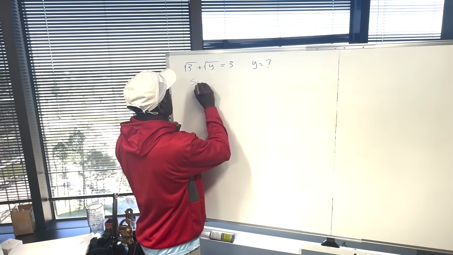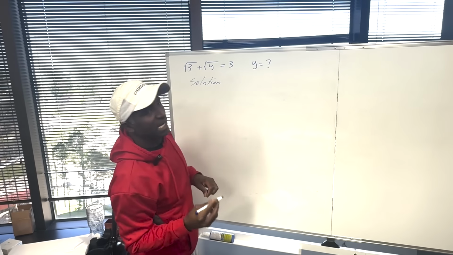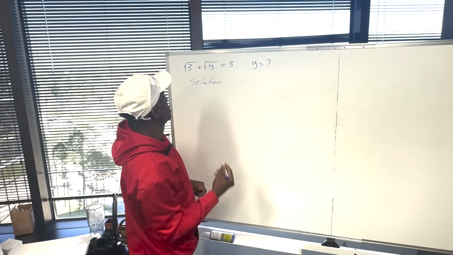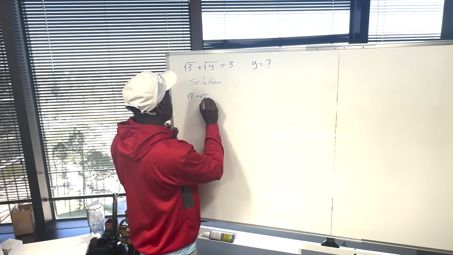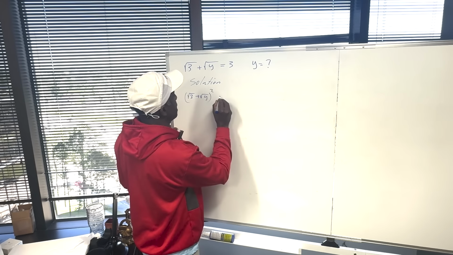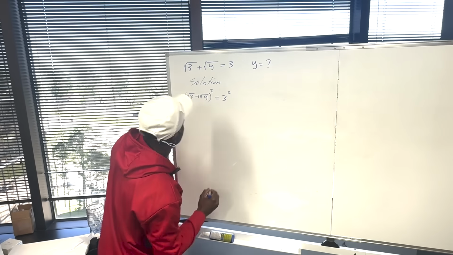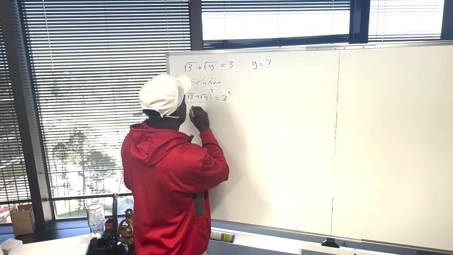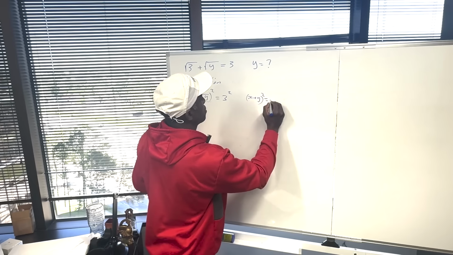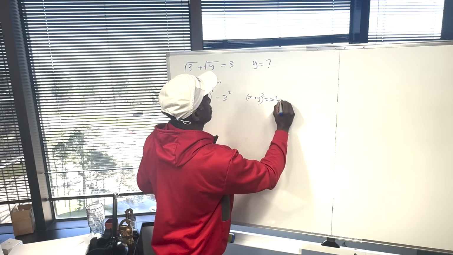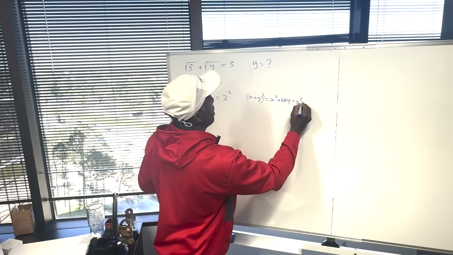Solution. Let's start by squaring this entire equation. So you have (square root of 3 plus square root of y) all squared equals 3 squared. Let's expand this term, where (x plus y) squared is equal to x squared plus 2xy plus y squared.